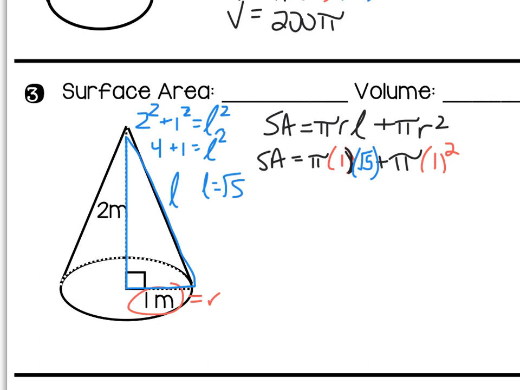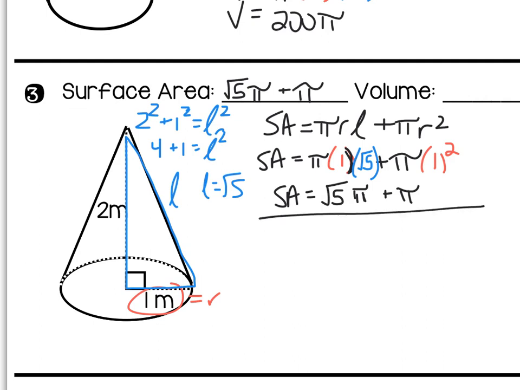And I'm going to simplify my formula a little bit. So surface area equals square root of 5 pi plus 1 pi. And since I have a square root and something without a square root, I can't combine those anymore. So square root of 5 pi plus pi.